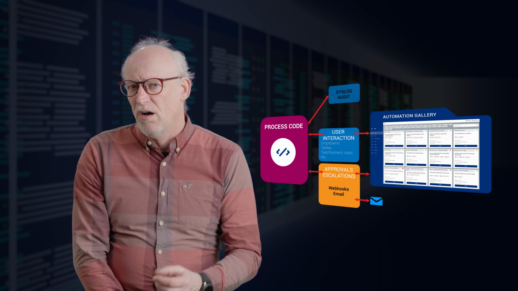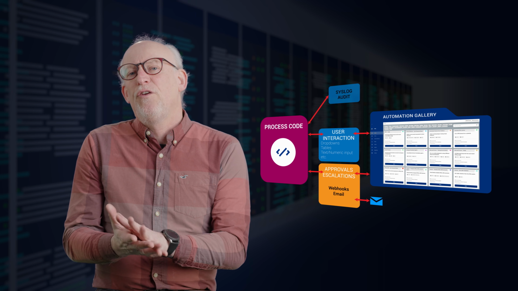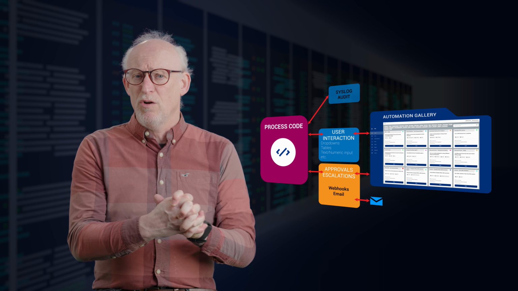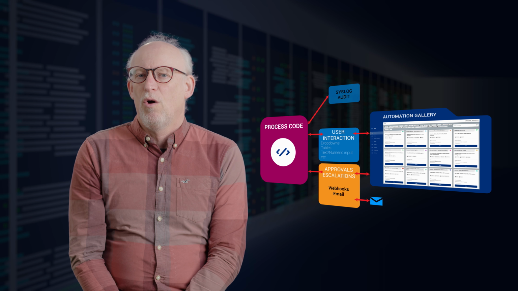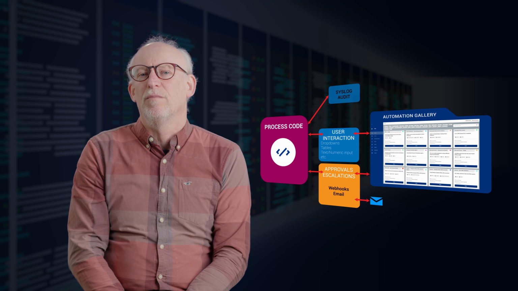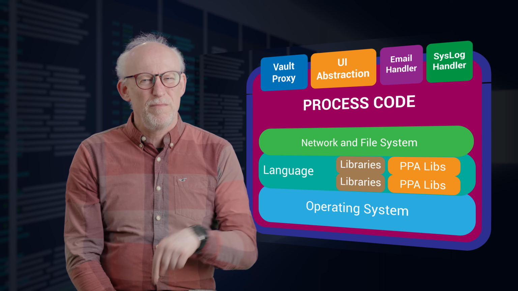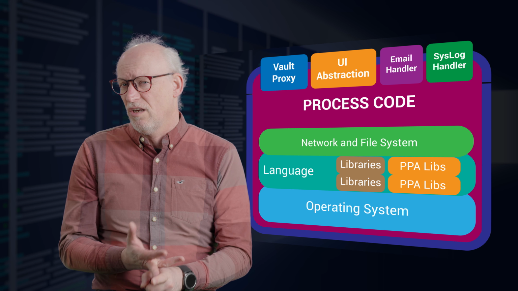And the other important parts are request approvals and notifications. If your task at any point has to go back and interact with a human, or perhaps a different human, not the one that started it but somebody else, all of the requirements that you need to get that done are in that subsystem. That subsystem then goes and uses the email subsystem, because email's complicated and there'll be loads of authentication and certificates and things like that around it.